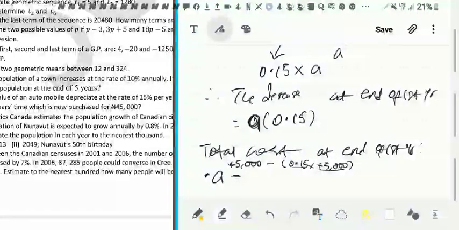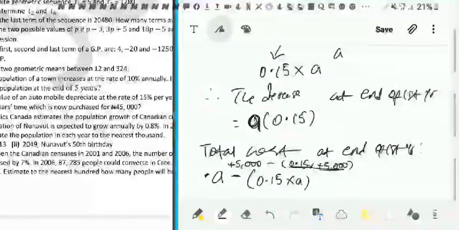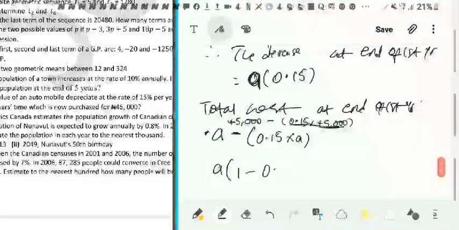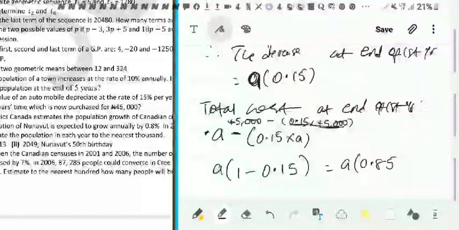So 45,000 is our A, minus this depreciation, which is 0.15 times A. I can factorize A here also. So I have A open bracket 1 minus 0.15, and this will give me A open bracket 0.85.